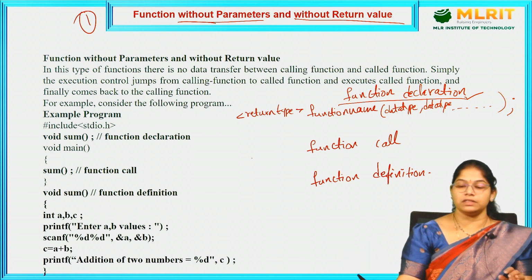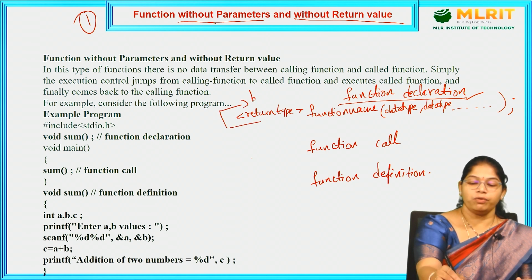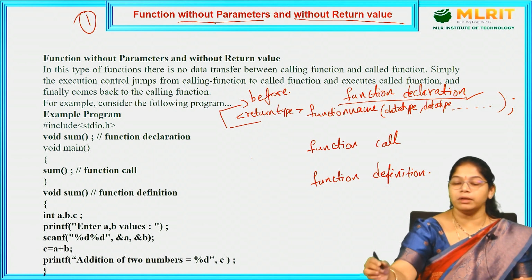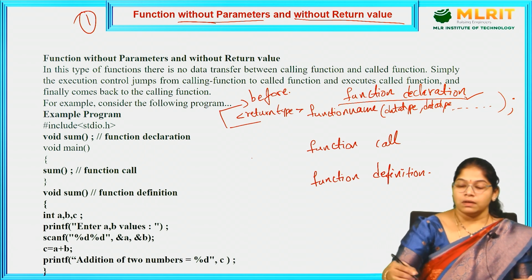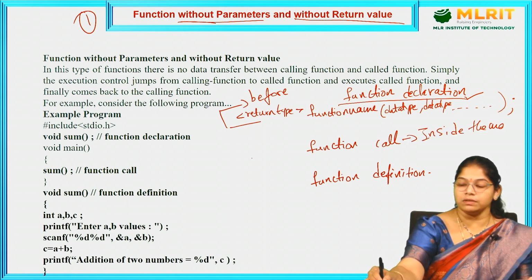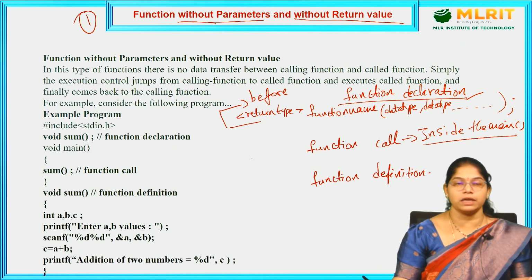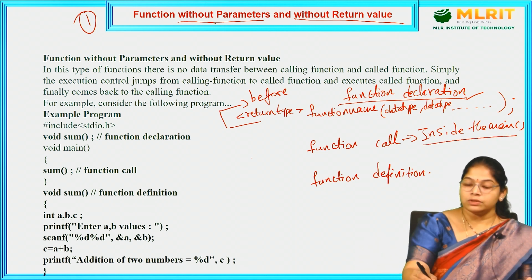Where do we declare this function? Generally, we will declare this function before main, or above the main, so that this becomes a global declaration. Then function call. We will do this inside the main function. So, what is the syntax for function call?